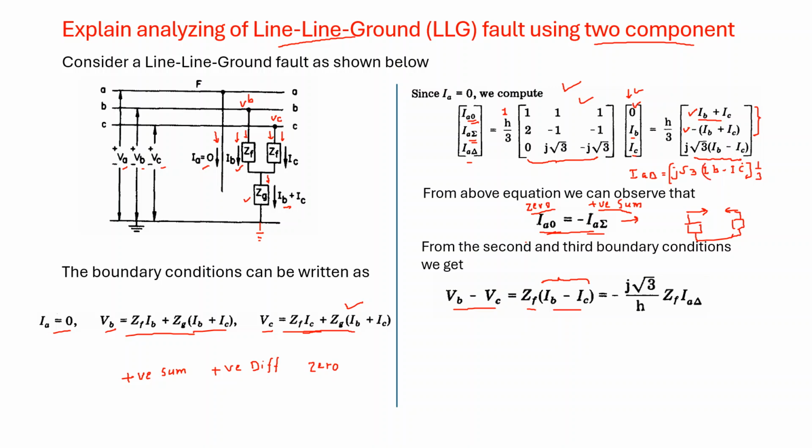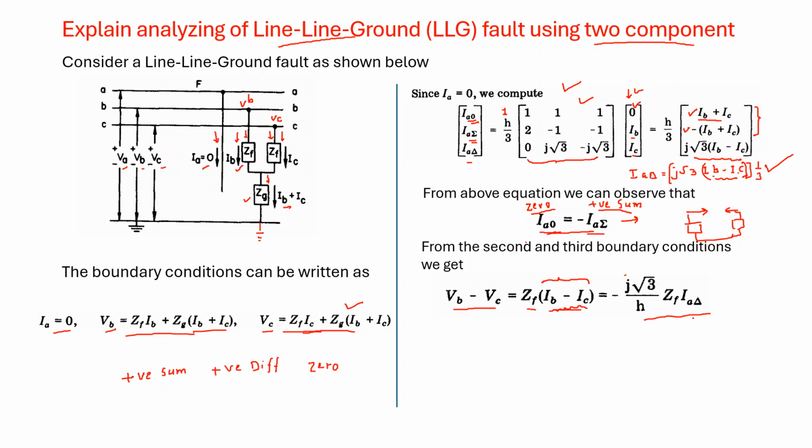So this IB minus IC term we can take it out. From this equation we can get IB minus IC, and whatever we get, we substitute here and we will get this equation.